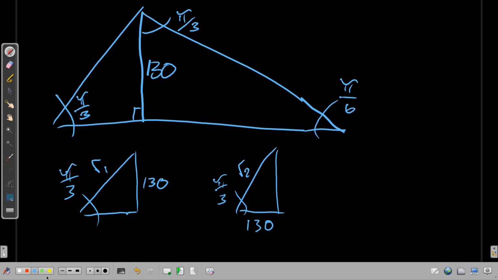Okay, super. So I should be able to label these edges. Let's see how I want to do this. Make some room here.